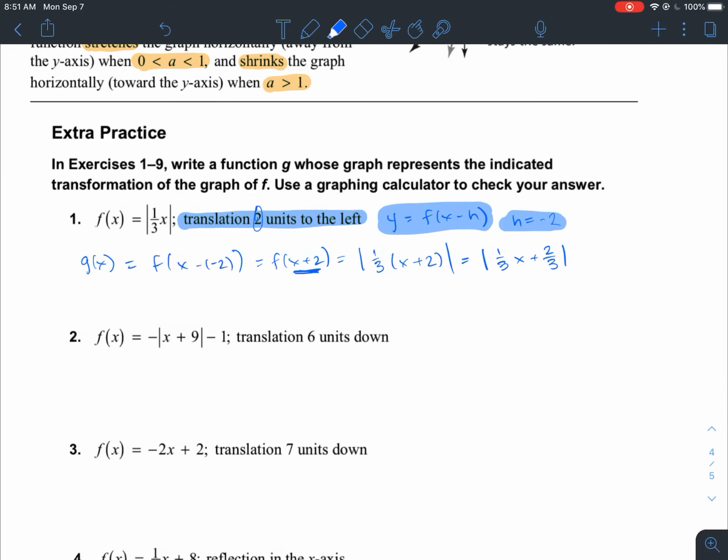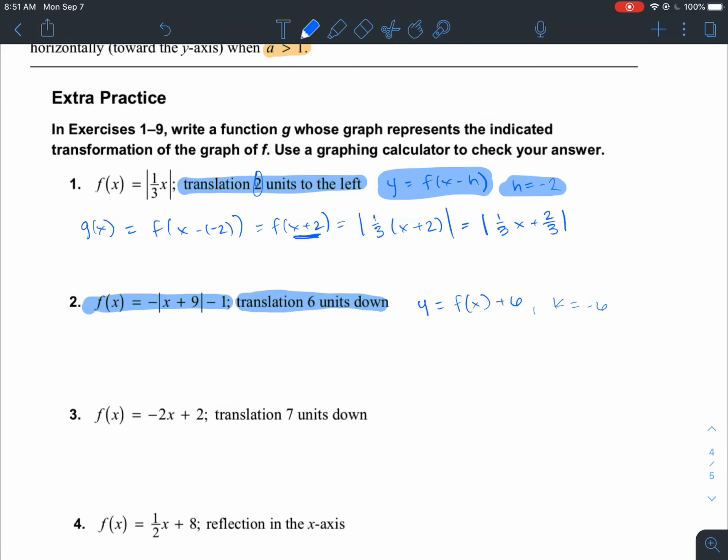So we have another, let's see right here. So this is our function right here, and we're saying we want to translate 6 units down, okay? So if we're going down, our function would look like this, y equals f of x plus k, correct? And then we're going down, so k is equal to negative 6, alright? So g of x, if we're going to write our new function with the new transformation, we're going to say g of x is equal to, and then we have f of x.